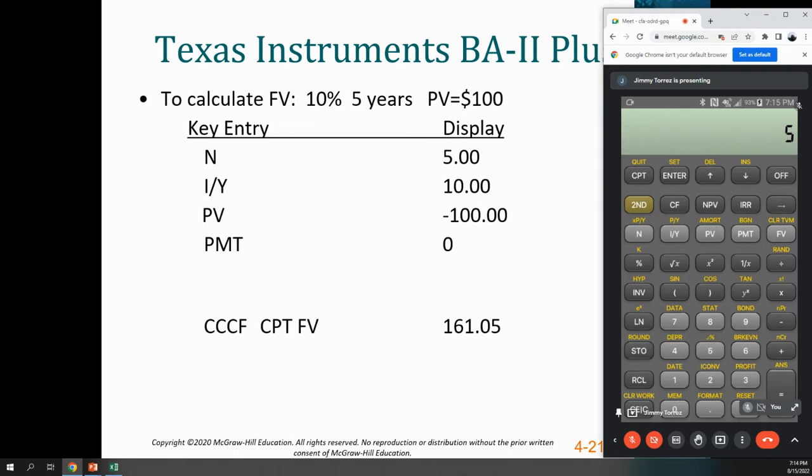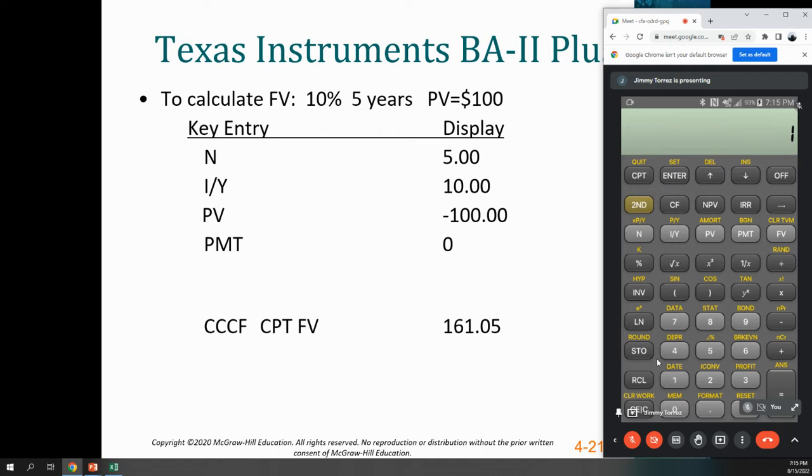It's 5, N, and then I enter. I over Y is 10, so I'm going to hit I over Y, 1 0, enter. You got to enter the number before you enter the thing.